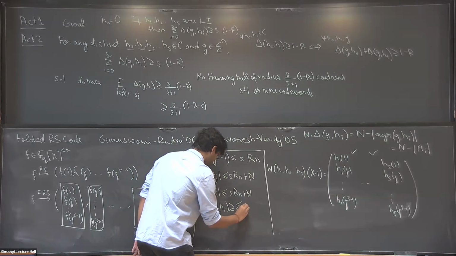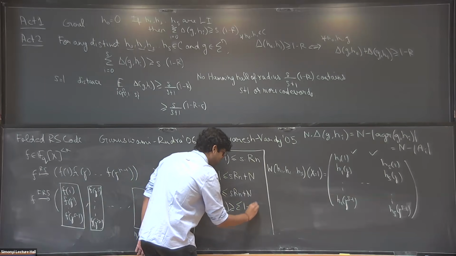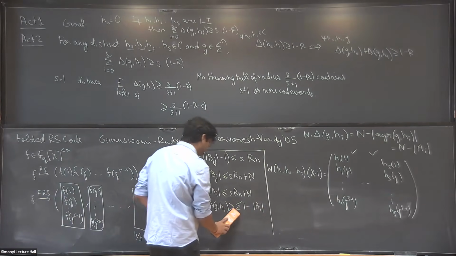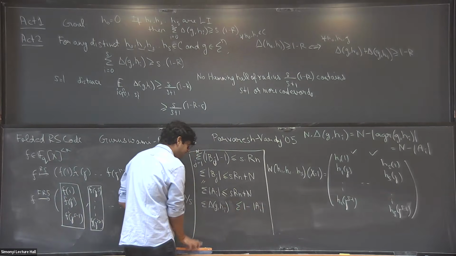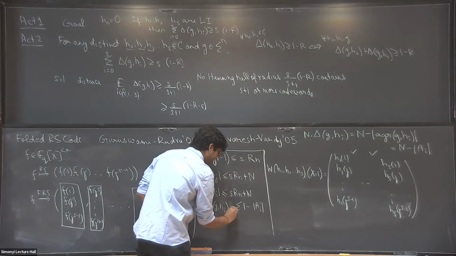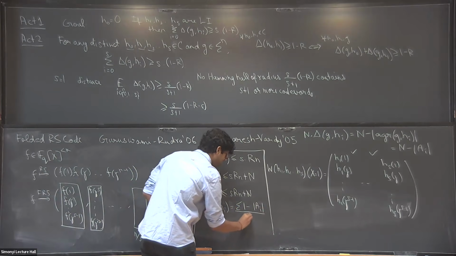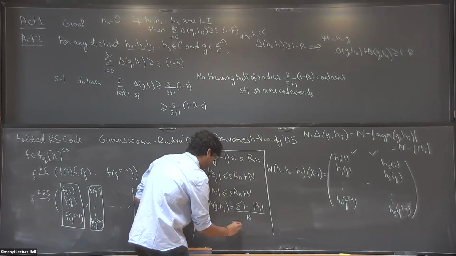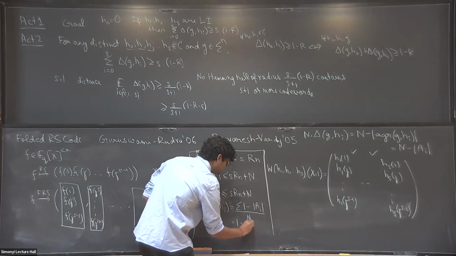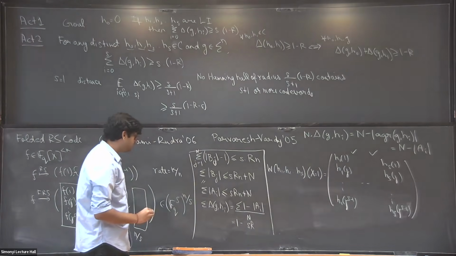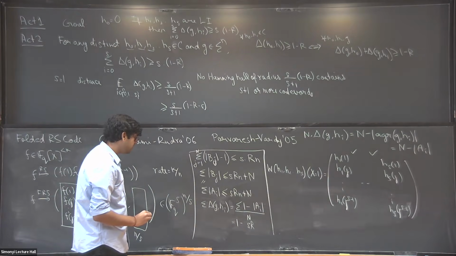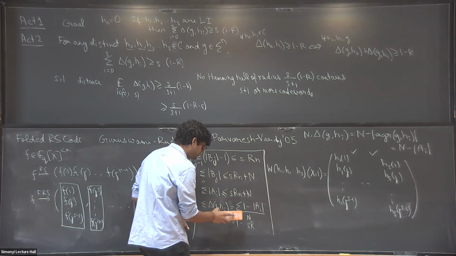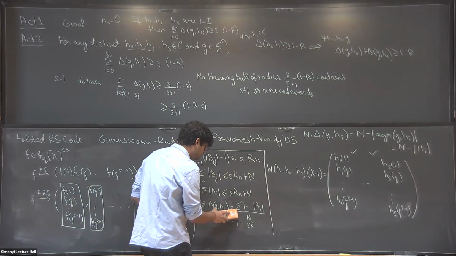And L minus 1. So 1 minus AI. It should not be 1 because AI does not make sense.